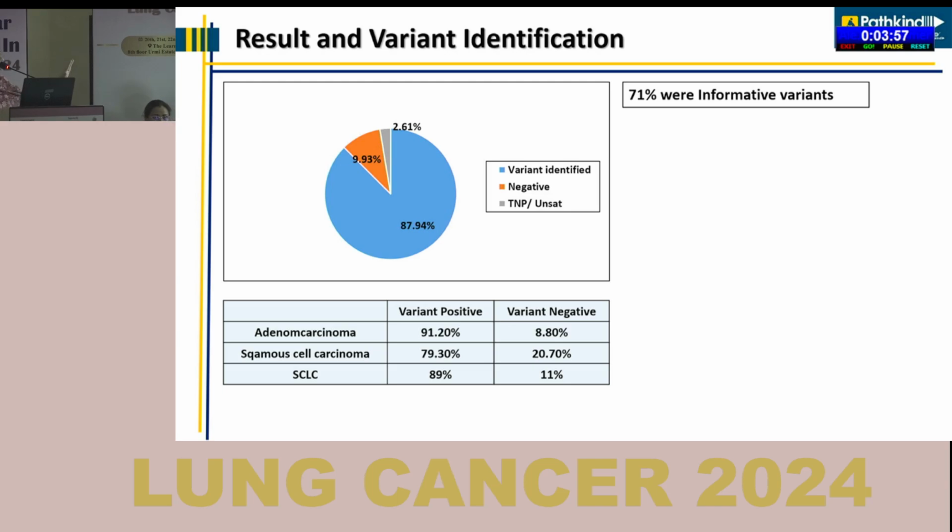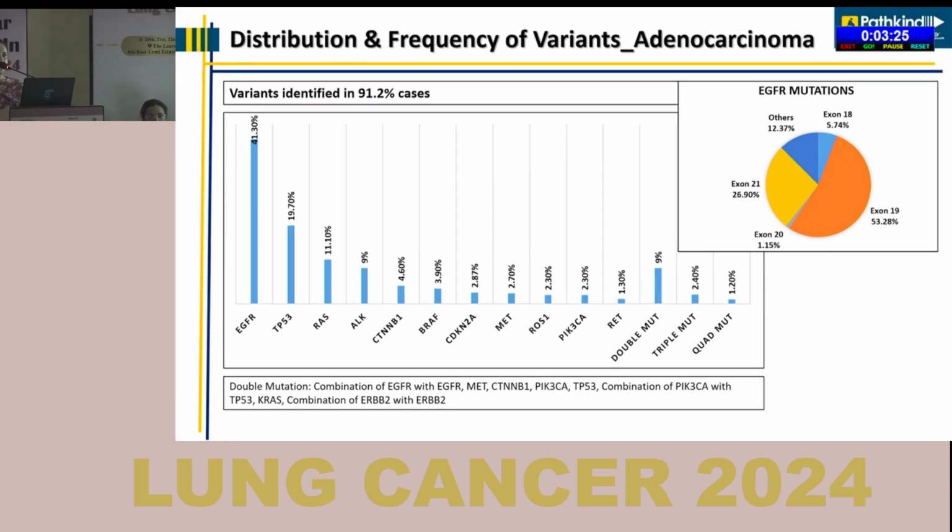On the face of it, it looks as if in the squamous cell carcinomas we are able to identify fewer variants, but there might be a skew, because if we look at the total number of squamous cases in the population that we tested, these are only about 50, 60 cases. So there could be an inherent skew because of the small sample size that we had for squamous.